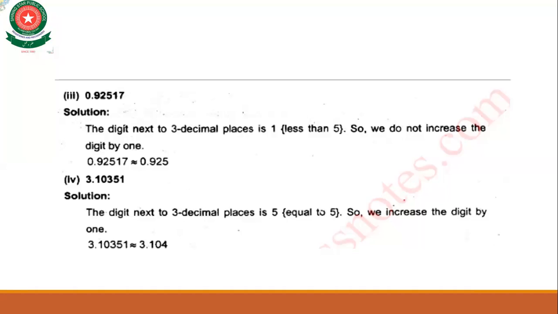So here you can see that the digit next to 3 decimal places is 5, which is equal to 5. So we increase the digit by 1. Then the answer will be 3.10351, which is approximately equal to 3.104.